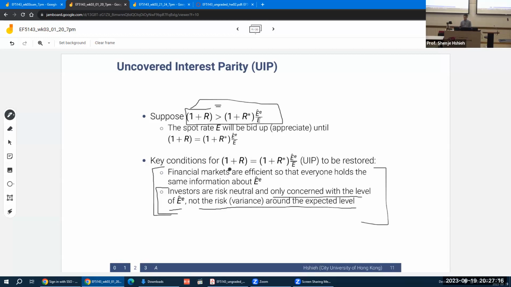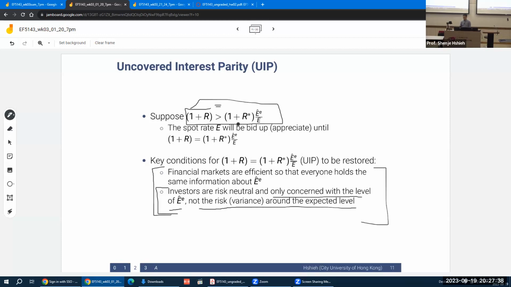The idea here is that if there is a gap, then there is a positive expected value from engaging in carry trade. Carry trade just means borrowing at low interest rates and lending out at high interest rates and being now exposed to potential fluctuations of the underlying exchange rate in the future.